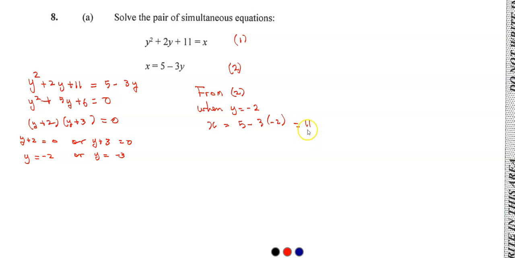So we can write this as an ordered pair, 11 and minus 2. Okay, so that's one solution there.